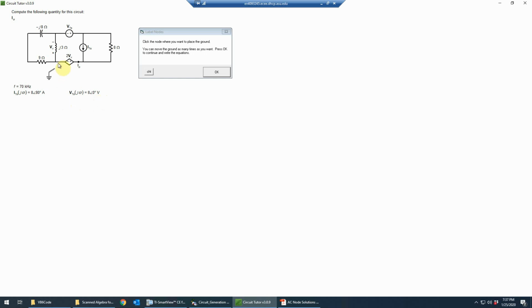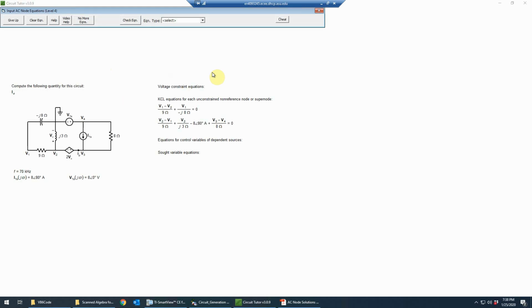Here would be 3 elements including a dependent source. Here would also be the same. Here would be similar. Here would just be 3. So really, all 4 choices here are roughly equivalent. So, for simplicity, I'm just going to go to the negative side of the independent source, but it doesn't matter too much.